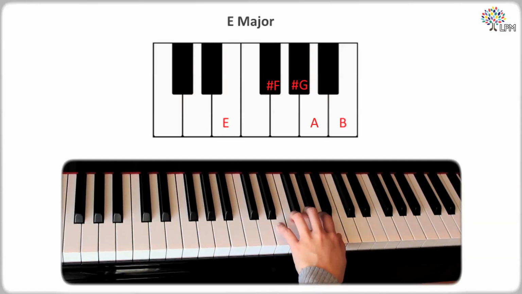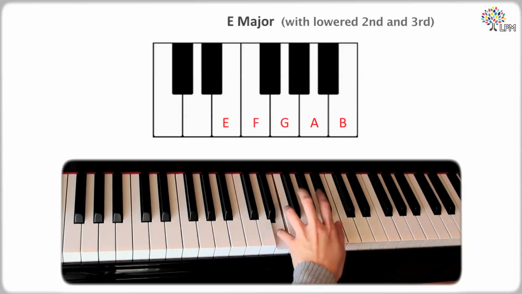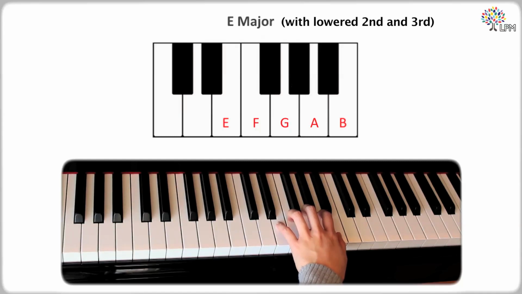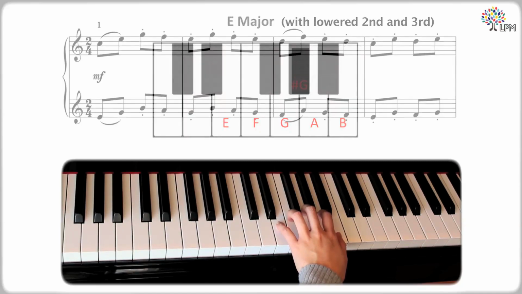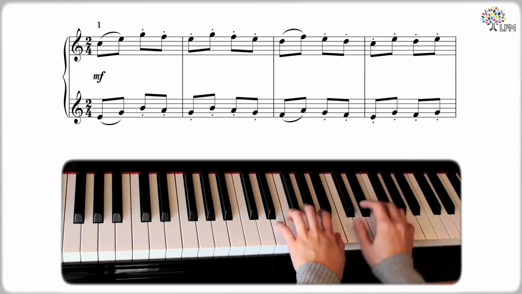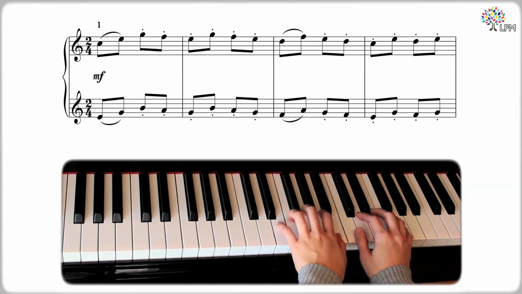Here they're played as natural F and G. So we simply call this an E five-finger pattern. As you can see here, now we have one hand playing in one five-finger pattern and one hand playing in another five-finger pattern. The hands are not playing exactly one octave apart. Instead, the hands are closer to each other, a sixth apart.